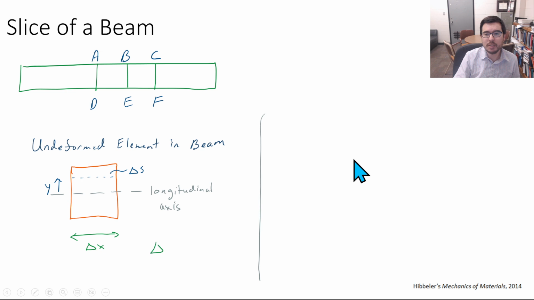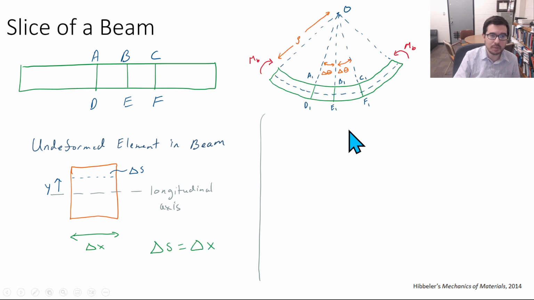But what happens when we introduce deformation as we did previously? Okay, so now this element is no longer a nice rectangle or square. It's a poor square, I guess. With all four angles being 90 degrees, what do we have happening?